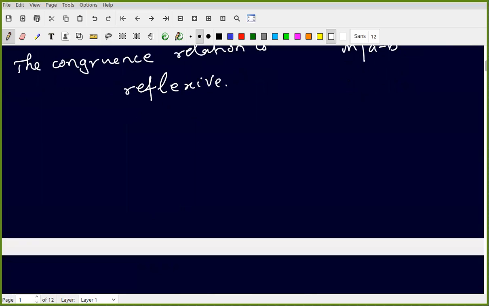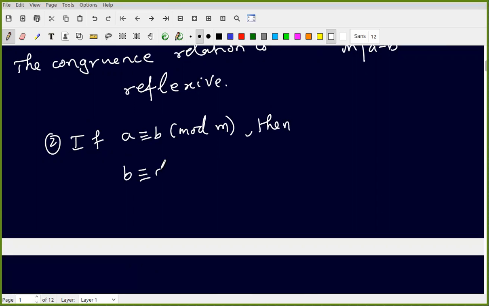The second property is that if a is congruent to b modulo m, then we can write b is congruent to a modulo m. This property is based on the following property of division. Suppose m divides a minus b, then m divides the negative of a minus b.